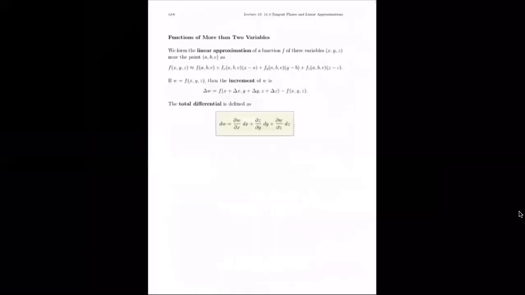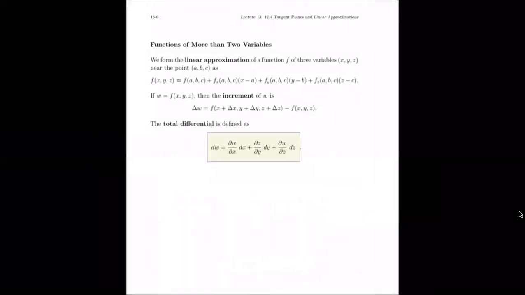And of course, as usual, we have a 3-dimensional version of this, a function of 3 variables version. We talk about the increment of w, delta w, and it's exactly equal to this. It's completely analogous to the 2-dimensional situation.